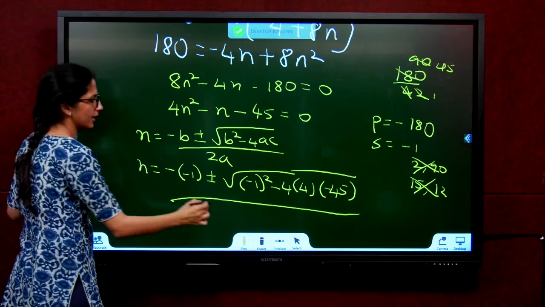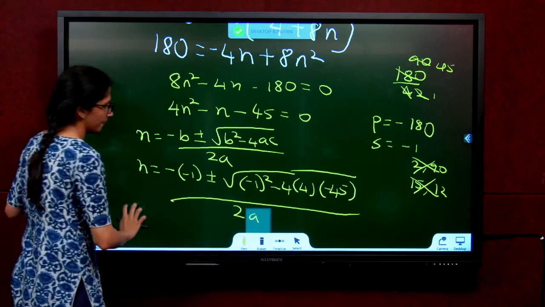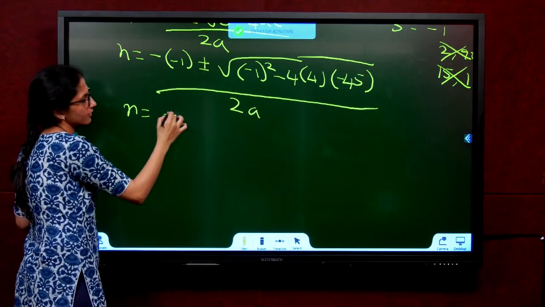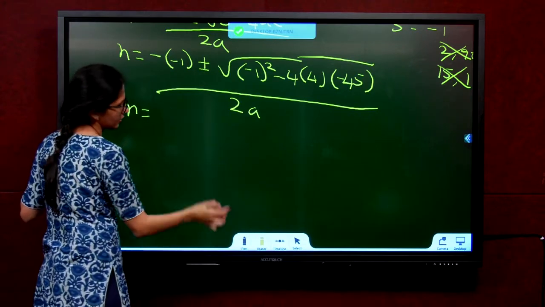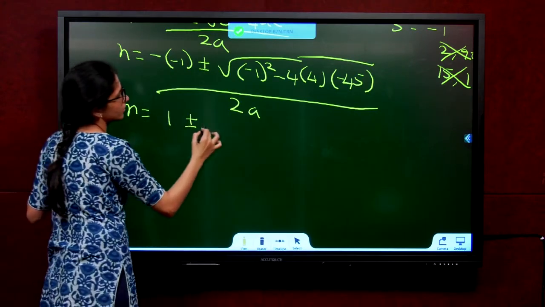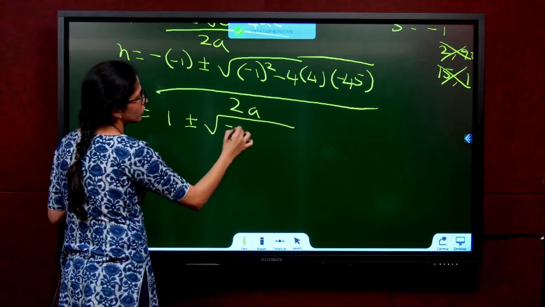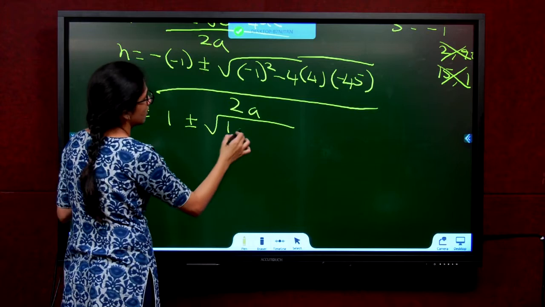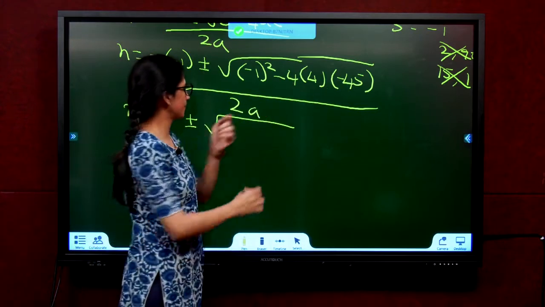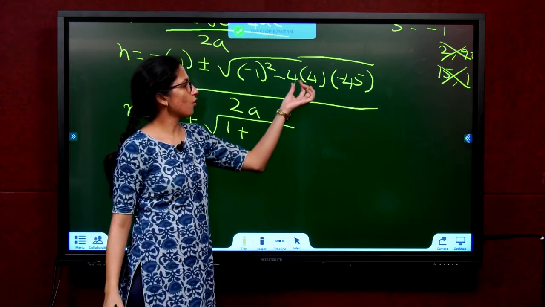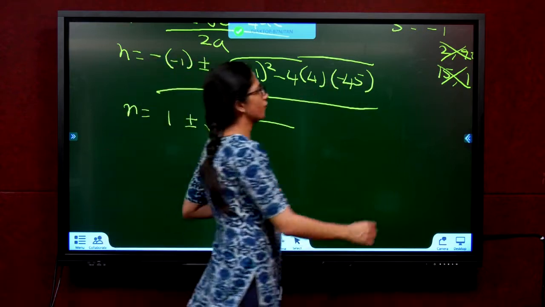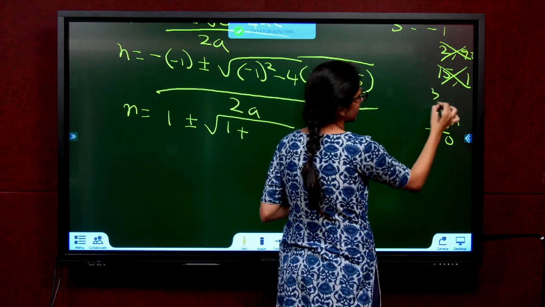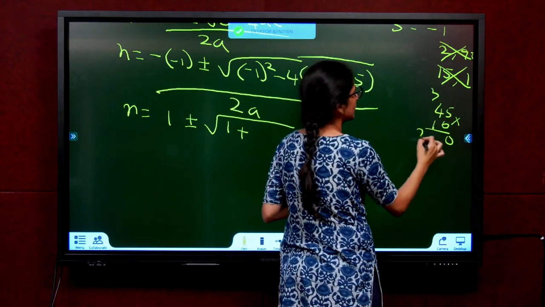Divide the whole thing by 2a. n is equal to minus of minus 1, it's becoming plus 1, or I can directly just write 1. Plus or minus root of minus 1 the whole square is 1. Minus into minus plus. 4 into 4, 16. 16 into 45. 6 5s are 30. 6 4s are 24. 24 plus 3, 27.